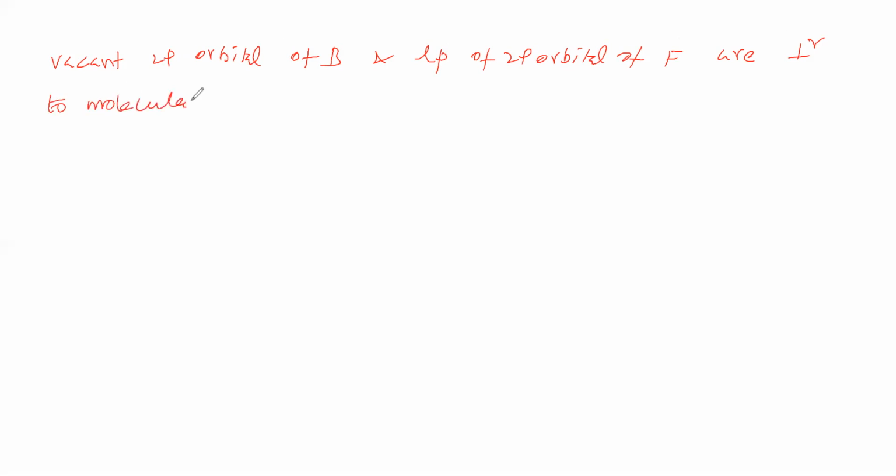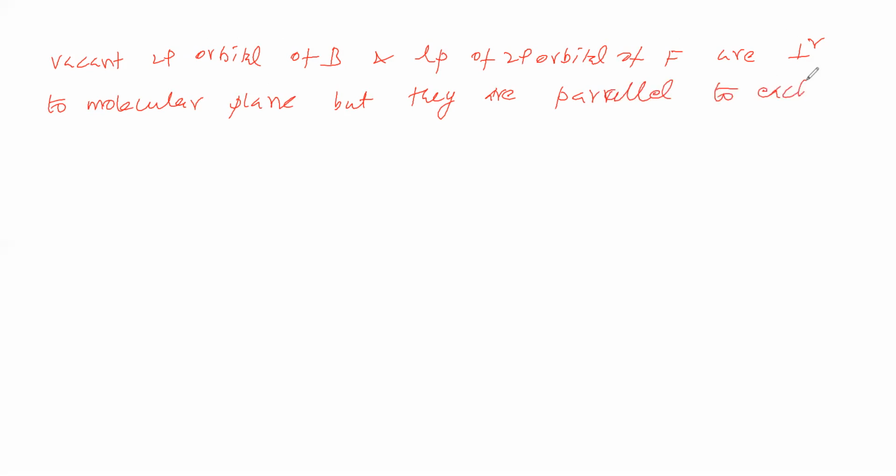Therefore, the vacant 2p orbital of boron and the lone pair 2p orbital of fluorine are perpendicular to the molecular plane, and they are parallel to each other.